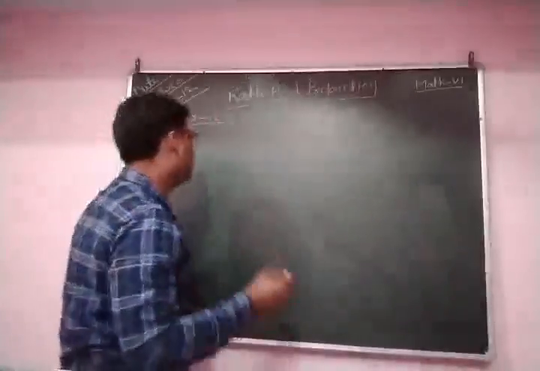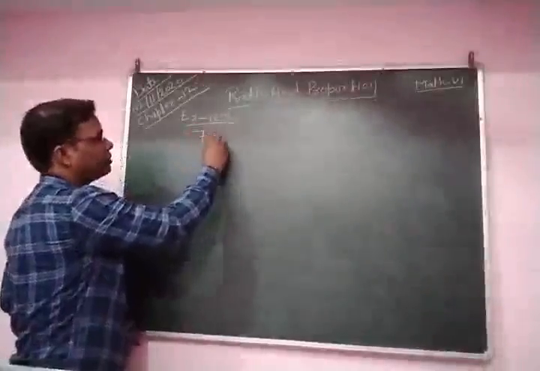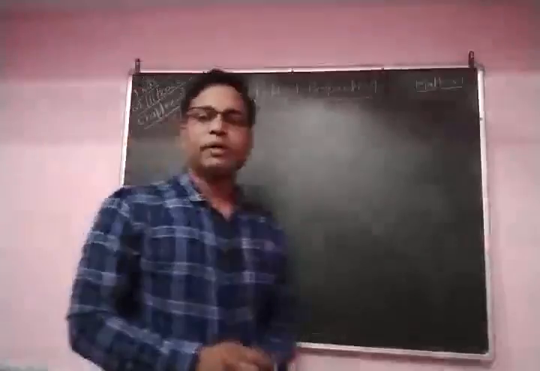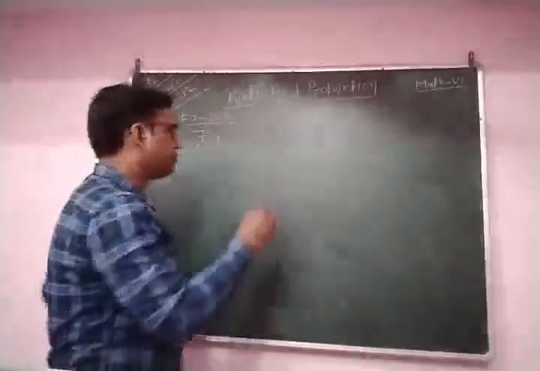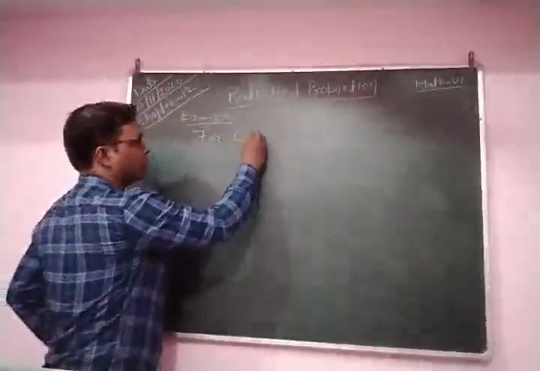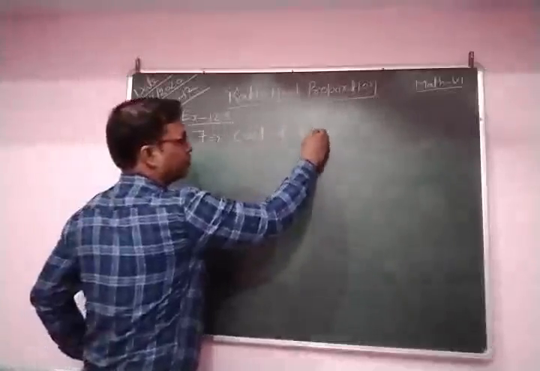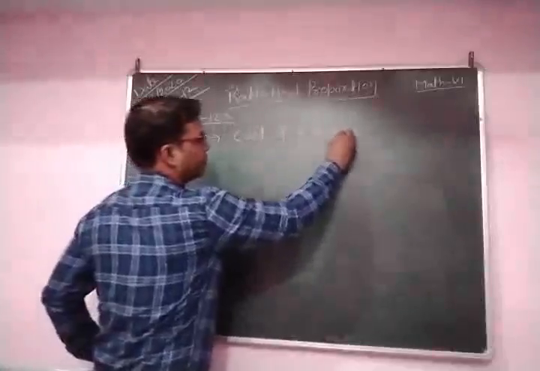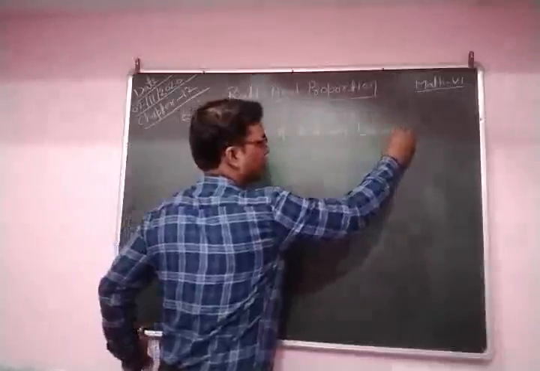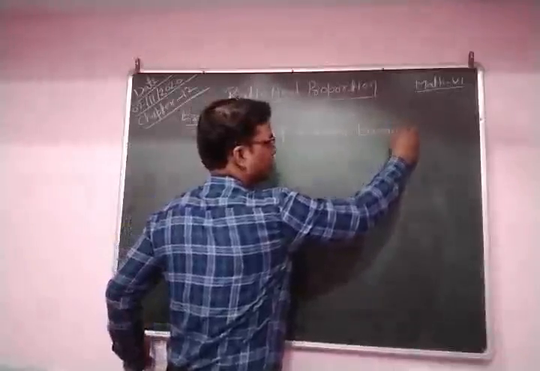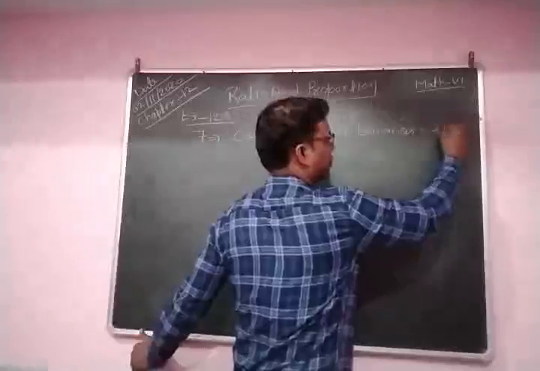Okay, so let's see question number 7. What is given in question number 7? This is given: cost of 4 dozen bananas is equal to rupees 180.